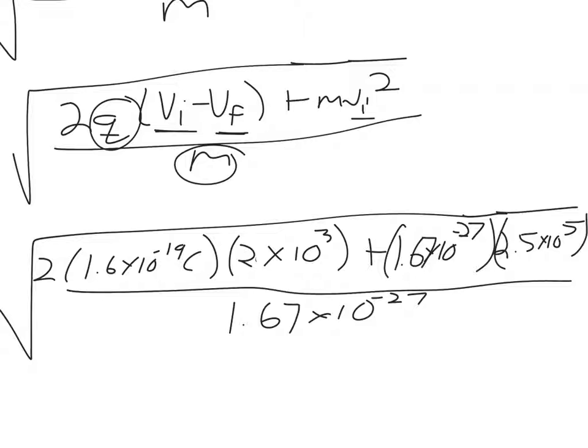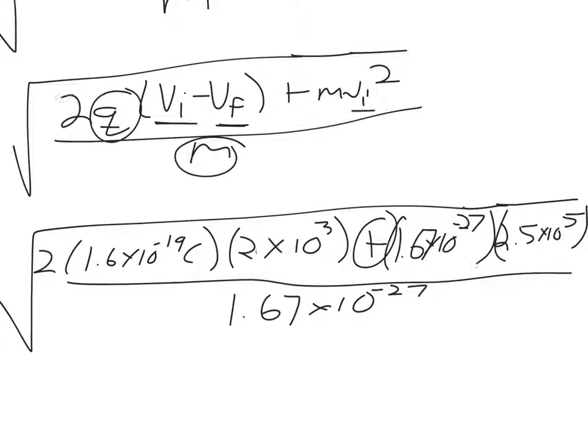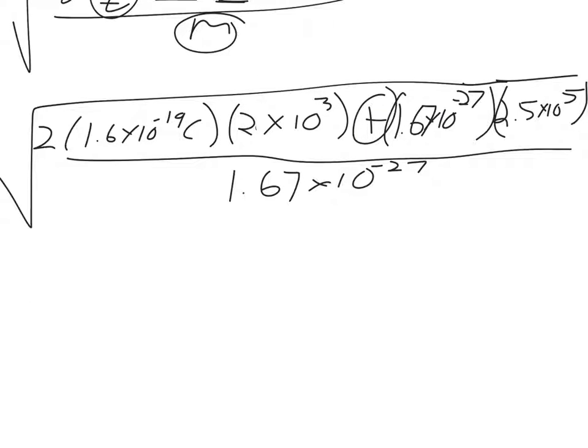All right. The trickiness in here is that there's a plus. That's going to be a tough one. And you'll see why, because there's a lot of different powers of 10. You can only add powers of 10 if they're the same. But let's try and resolve the top. 2 times 1.6 is 3.2 times 10 to the minus 19 times this 2, I suppose.